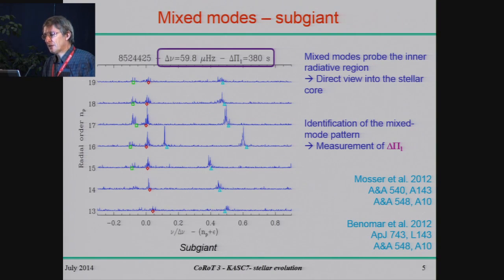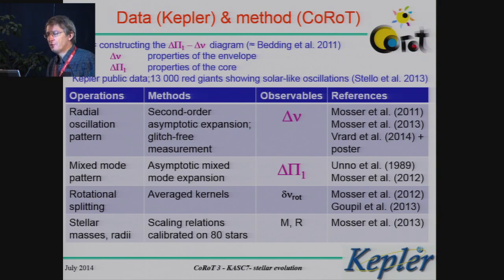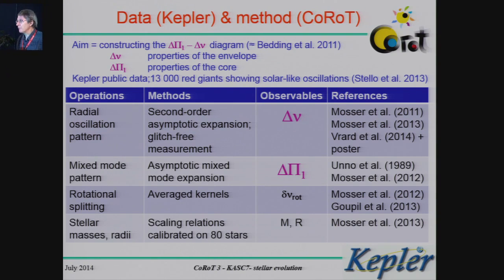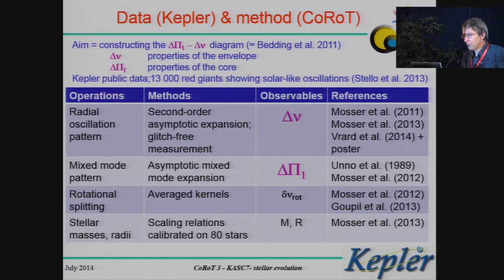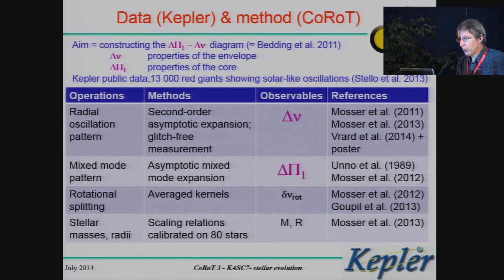And in fact, doing so, you don't only measure a global parameter, delta pi 1, you also probe the inner radiative region of the star, so you have a direct view into the stellar core. And that's why I intend to construct this diagram with delta pi, the period spacing, a direct view on the core, and the large separation delta nu with the properties of the envelope.